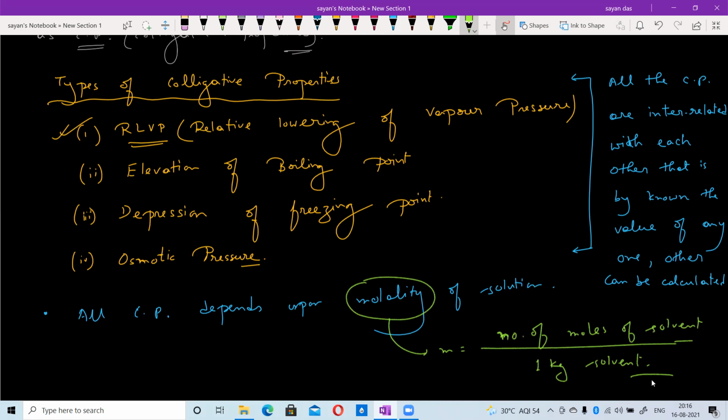Now, what are the conditions of colligative property? First of all, the solute should be non-volatile, and second, the solution should be dilute. For the dilute condition, you can find out the colligative properties, and the solutes dissolved in the solvent should be non-volatile. So just write down the conditions of CP.